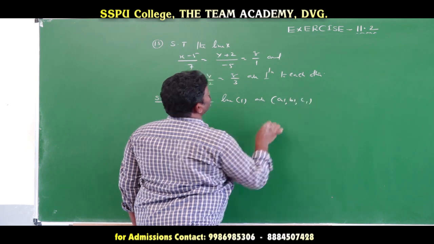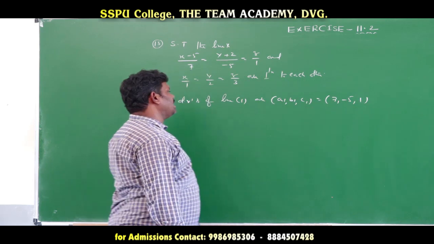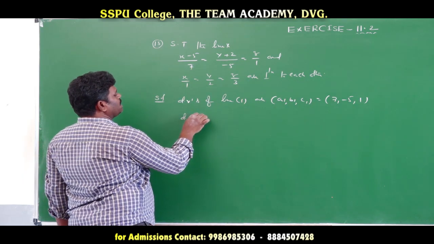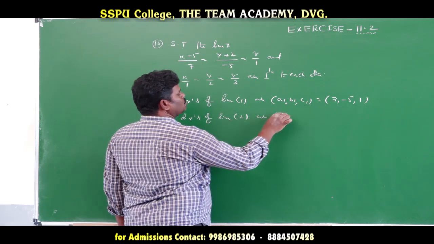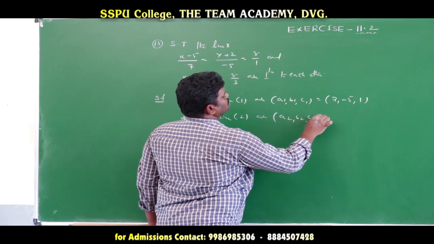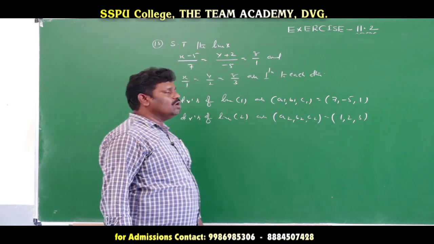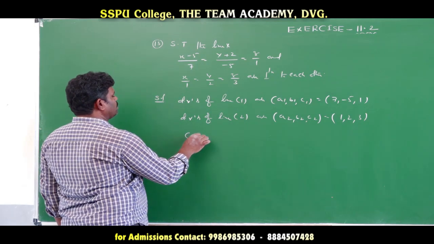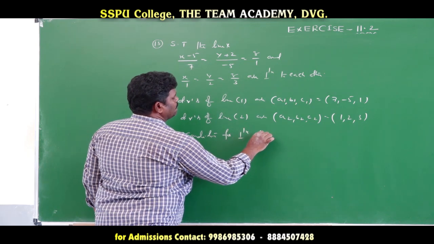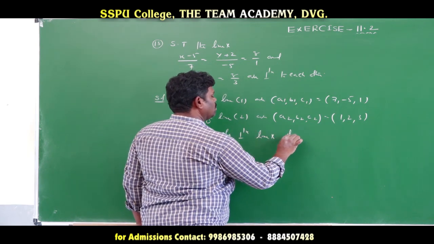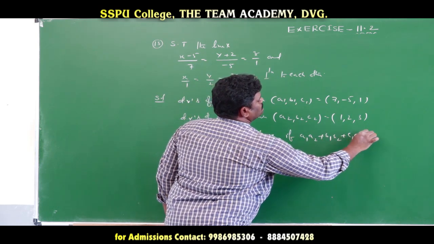The direction ratios of line 1, a1, b1, c1, are 7, minus 5, 1. Next, the direction ratios of line 2, a2, b2, c2, are 1, 2, 3. Now we verify the condition for perpendicular lines: if a1 a2 plus b1 b2 plus c1 c2 is equal to 0.